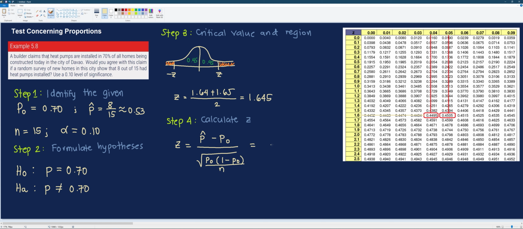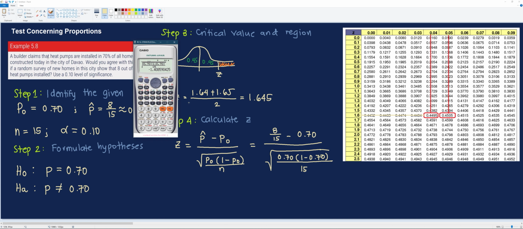Substitute the values in the formula. We have 8 over 15 minus 0.70, all over the square root of 0.70 times 1 minus 0.70, divided by 15. Using our calculator, we get the result, which is about negative 1.41.